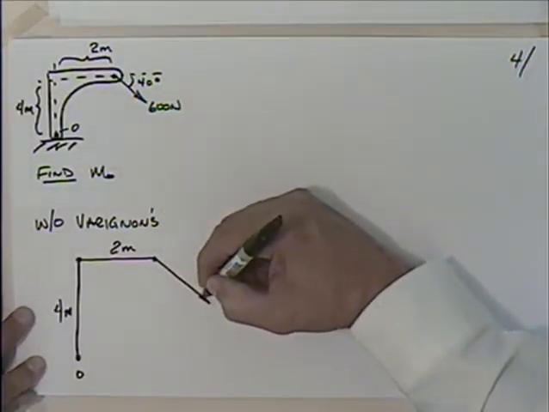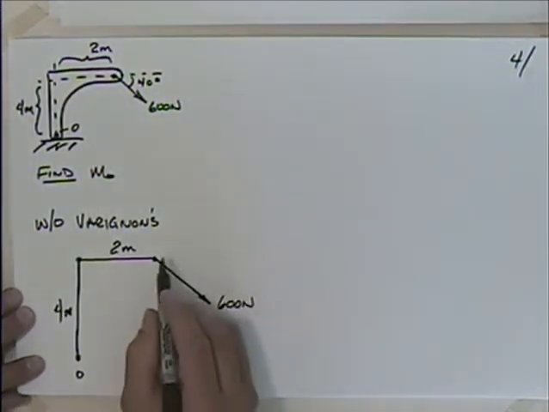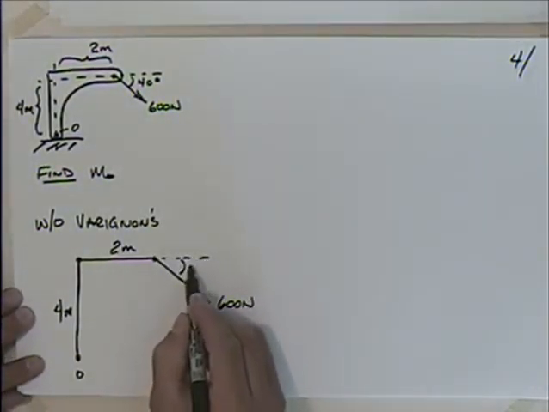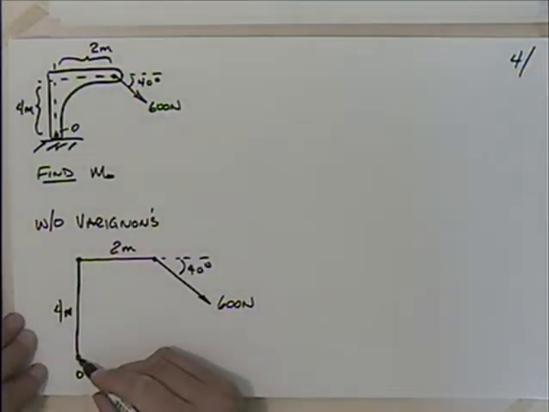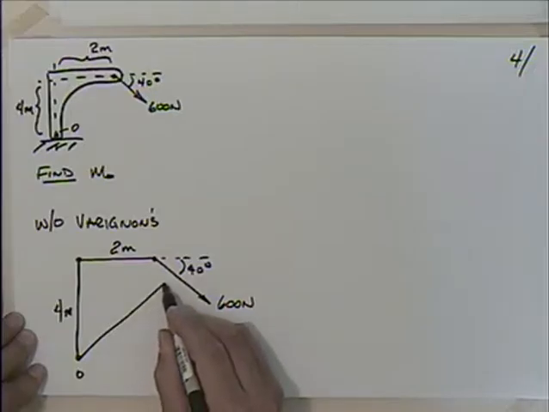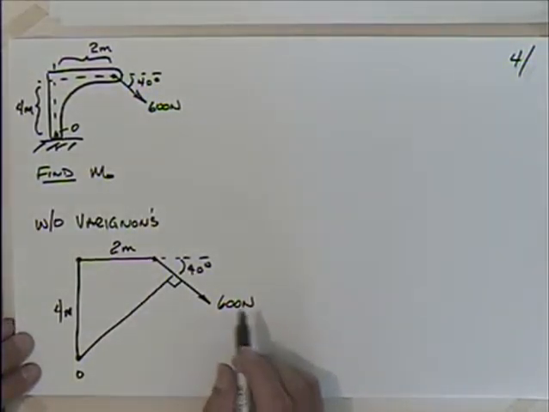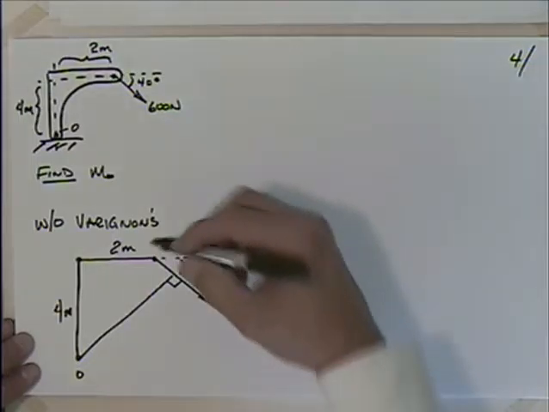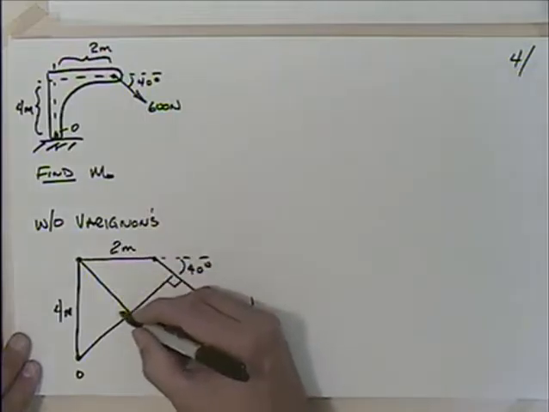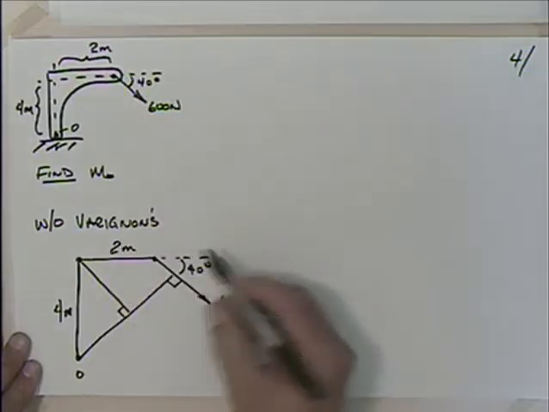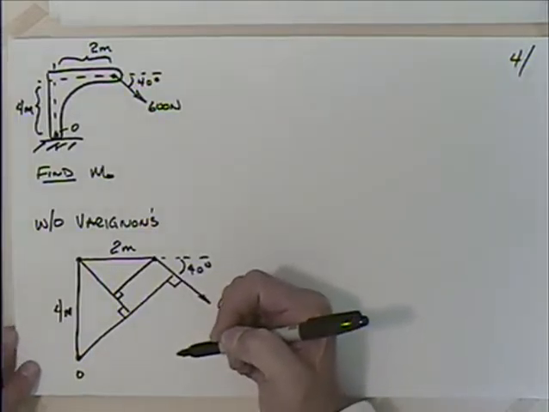And what I'm going to do is I'm going to put this force here. We said that this was 600 newtons, and we have this down angle of 40 degrees. Now what I'm going to do is I'm going to drop a perpendicular to this force. So that's a perpendicular. I like putting perpendiculars in, so I'll put a perpendicular like that, and maybe I'll put one more perpendicular there.